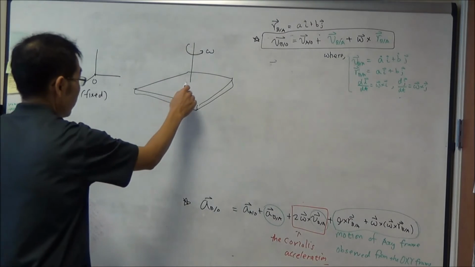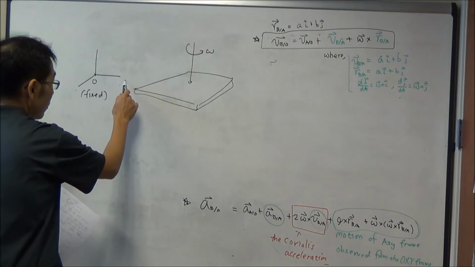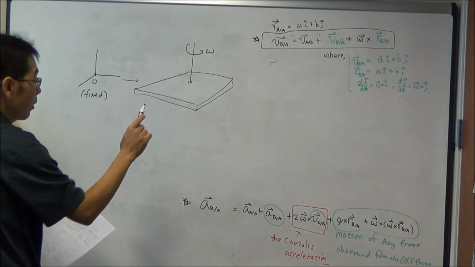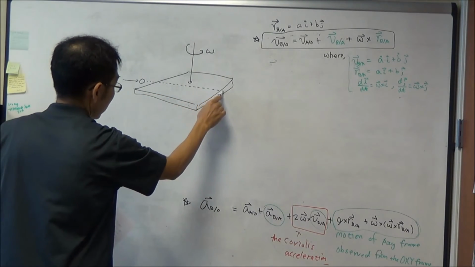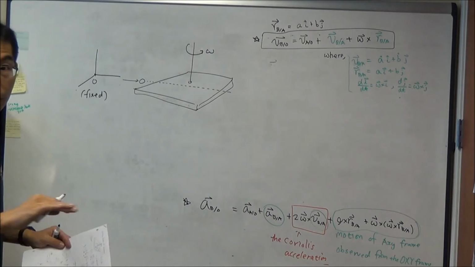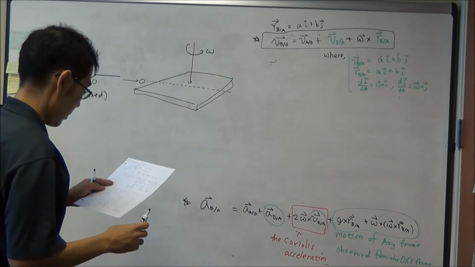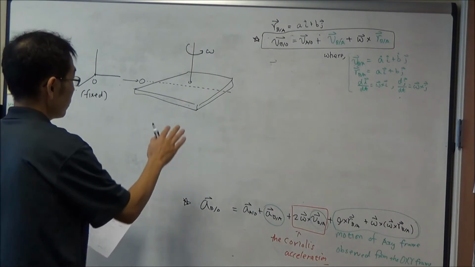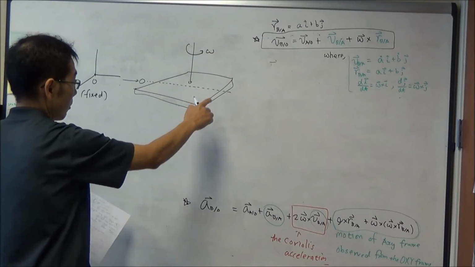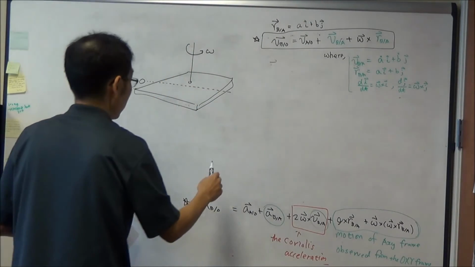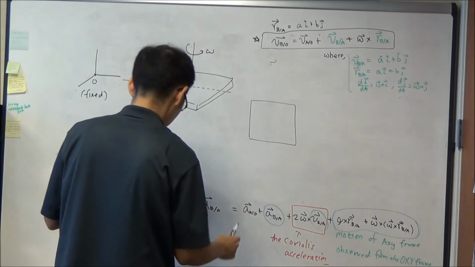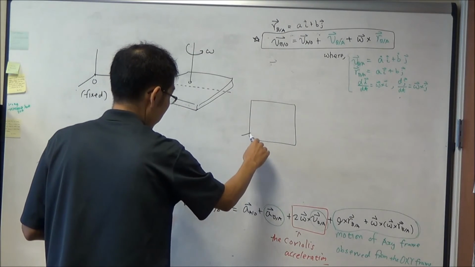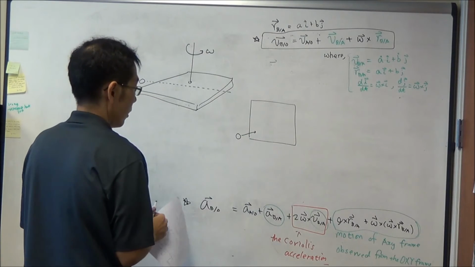And then let's say you just throw the ball. The ball is moving through this rotating frame. Then if you look at the motion of the ball from the top, the ball is coming this way, okay.